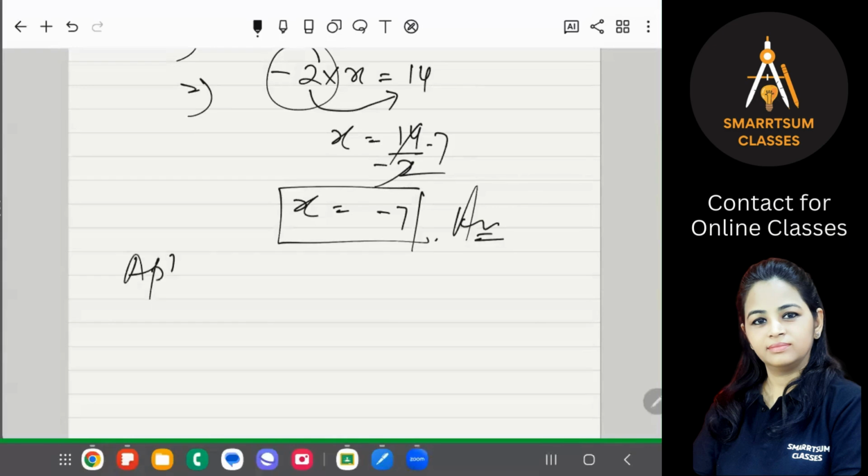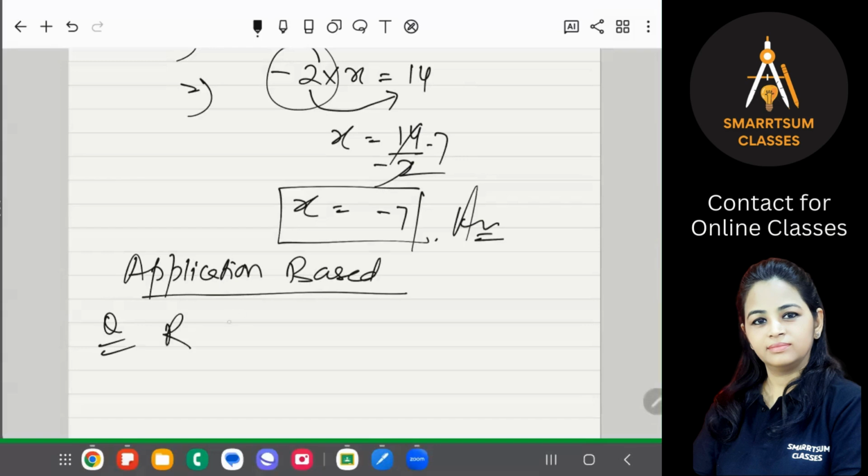Now look at the application based question. Application based means here a word problem is given to you. You have to first convert that word problem into an equation, and then you have to solve the equation to get the answer.